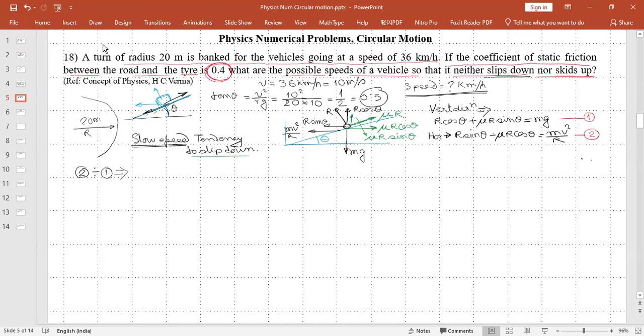Equation 2 divided by equation 1 gives you R sin theta minus mu R cos theta, divided by R cos theta plus mu R sin theta, equal to mv square by r upon mg.